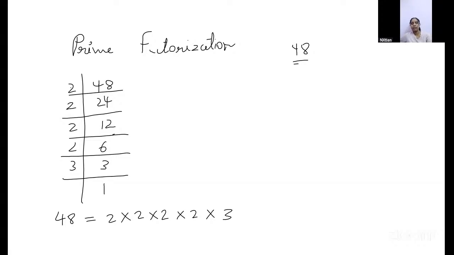Now, what's the difference between prime factorization and highest common factor? Both methods are kind of similar, but they have a little bit of a difference. When I say prime factorization, it means that I'm finding out the prime factors of a number.